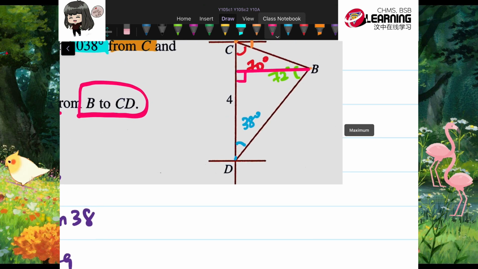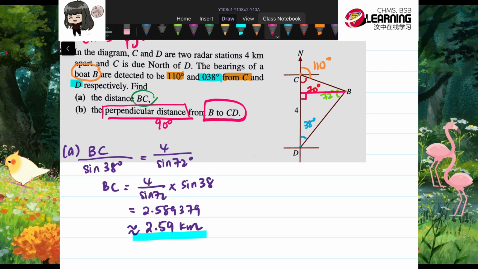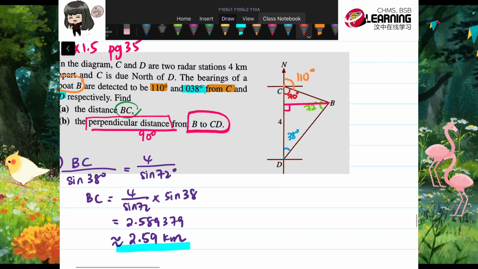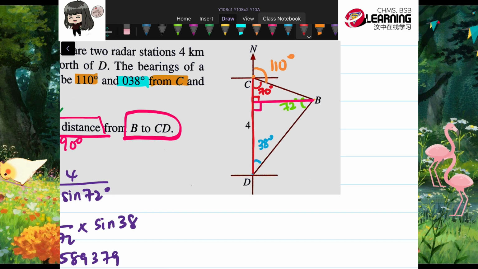From here we have a triangle. What we have here is 90 degree, 38 degree, 70 degree, and your 4 is the whole thing. It's not part of this, 4 is from C until D.